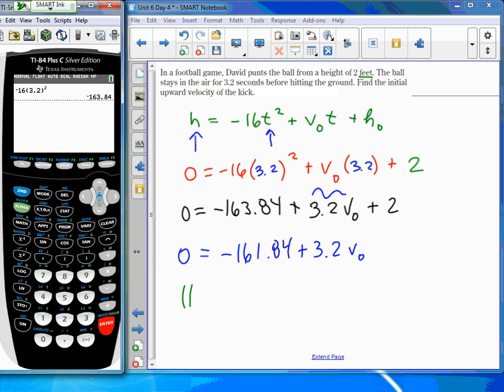When I add over, oh, jeepers. When I add over my 161.84 and finish it out by what? Division?